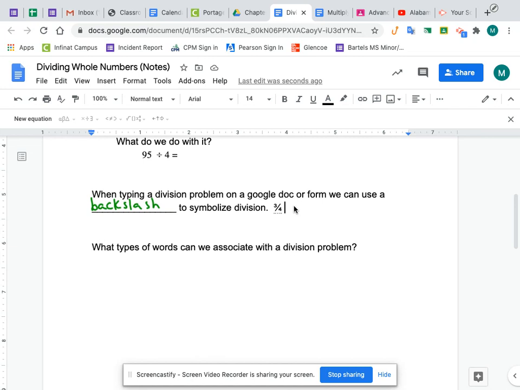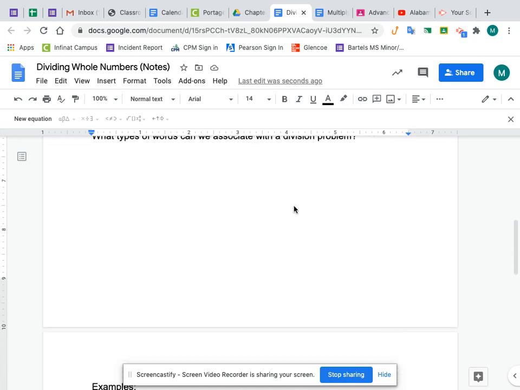So now, if we move on to the next part, what types of words are we going to associate with division problems? Well, we're going to use quotient.